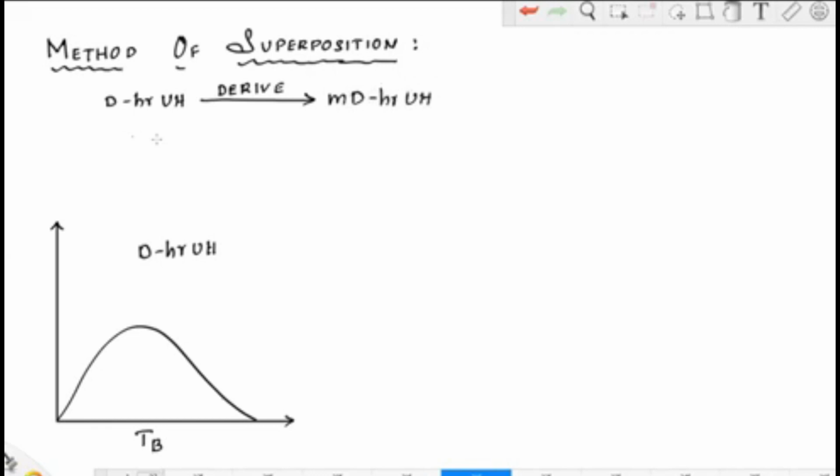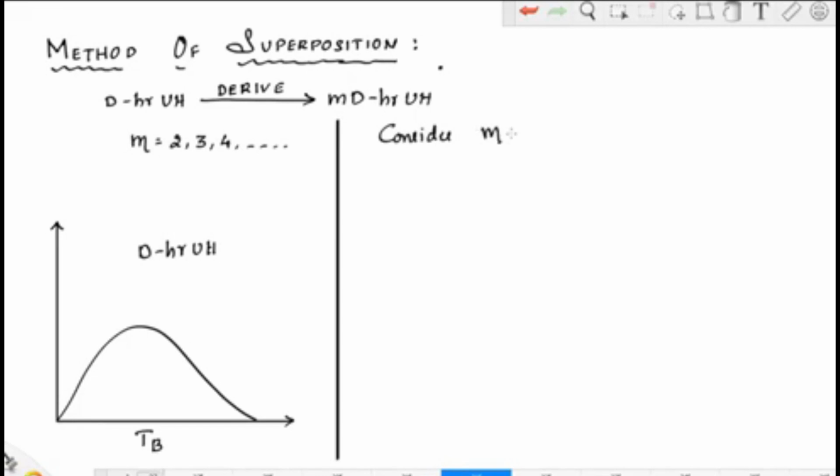When you go for the method of superposition, when M is an integer, remember one thing: whatever the value of M may be, let us consider M equal to 3 now.